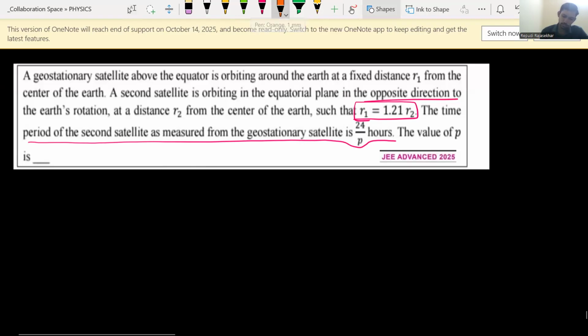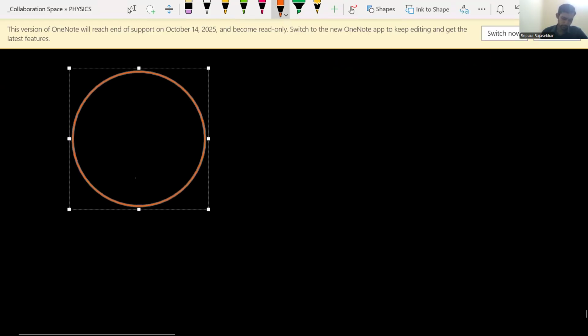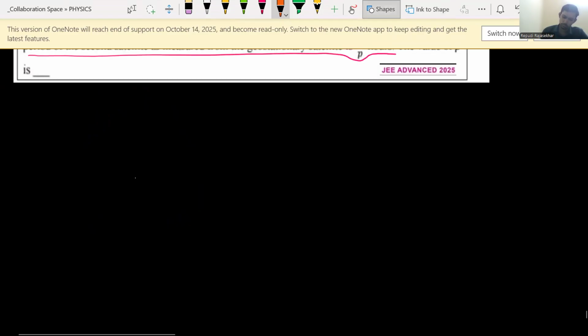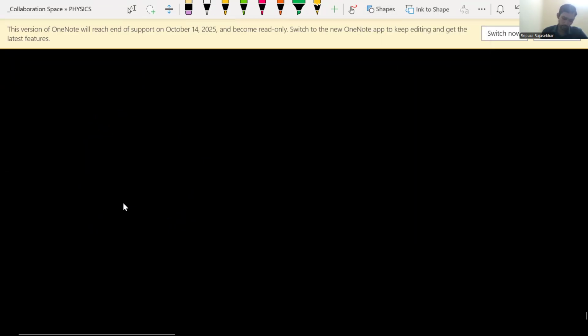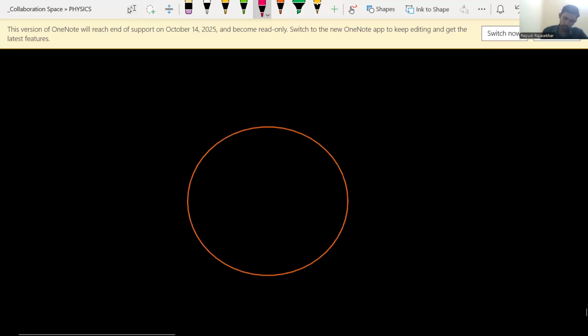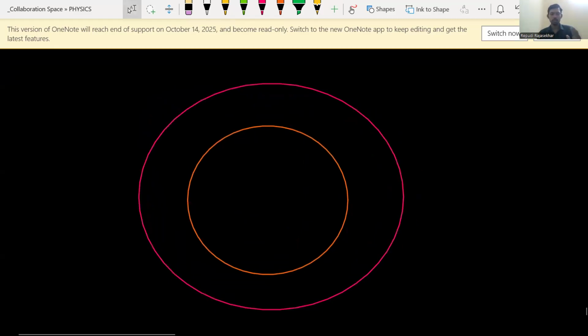Let us take there are 2 planets. This is the first planet's orbit and this is the second planet's orbit.